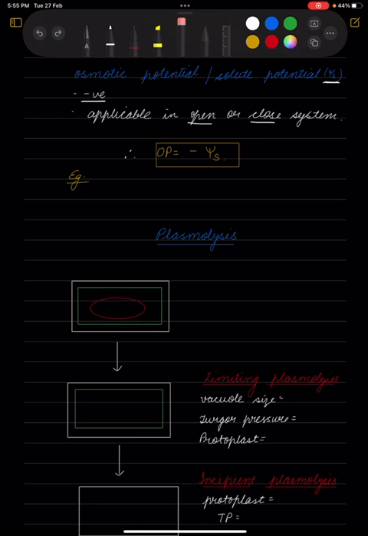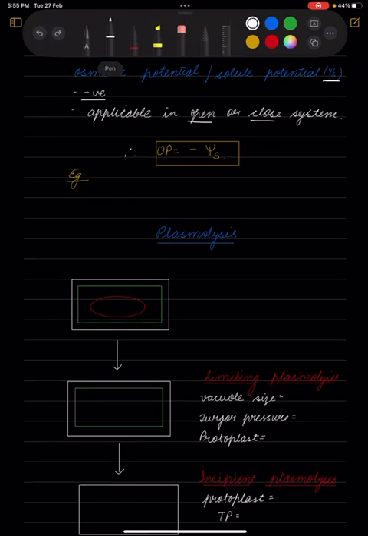For example, if osmotic pressure is plus 60 pascal, then the solute potential will be negative, that is minus 60 pascal. And if psi s is minus 10 pascal, then osmotic pressure will be plus 10 pascal.